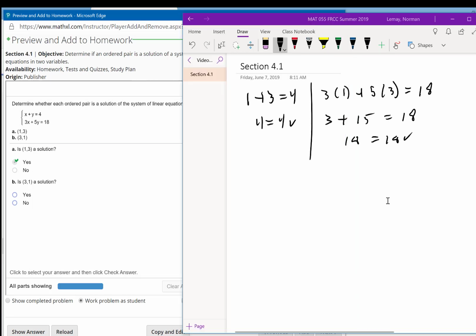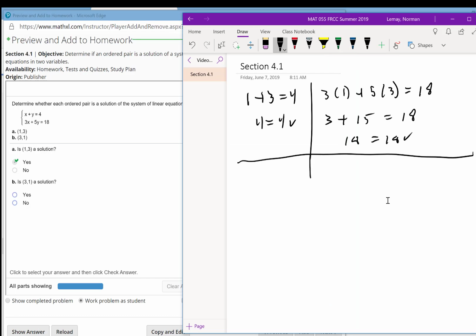So now we're being asked, does the other point satisfy both of these equations? So if we substitute, I get 3 plus 1 equals 4. That's the question. And here we have 4 equals 4. So that checks out. Now if I substitute into the other equation, we get 3 times 3 plus 5 times 1.